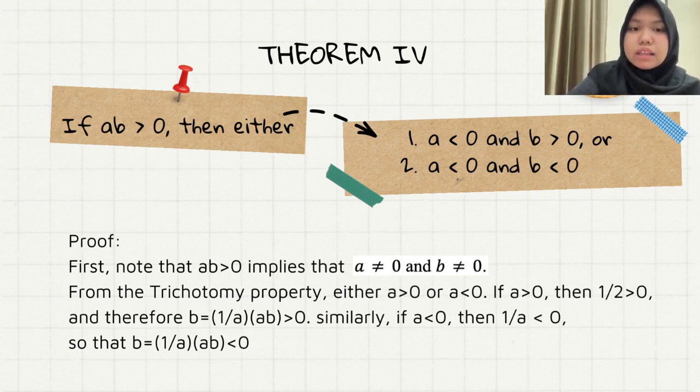If a is more than 0, then 1 over a is more than 0, and therefore b is equal to 1 over a times ab more than 0. Similarly, if a is less than 0, then 1 over a is also less than 0, so that b is equal to 1 over a times ab less than 0.